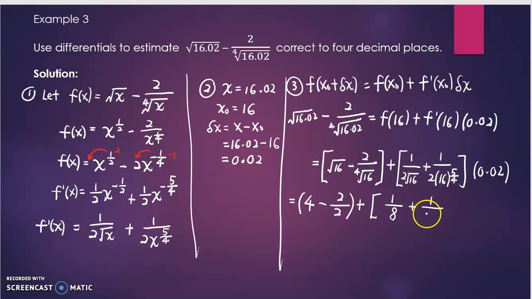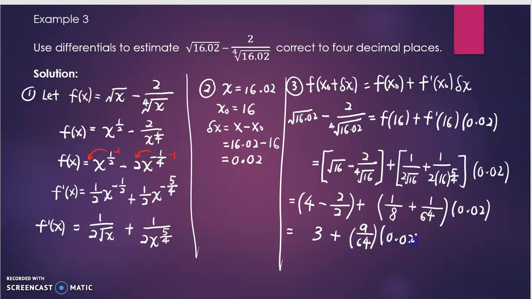So here you have 64. Let's say I change to a round bracket. So here is a round bracket. Multiply by 0.02. So from here, 4 minus 2 over 2 is 1. So here we should have 3 plus 1 over 8 plus 1 over 64 will be equal to 9 over 64, multiplied by 0.02.